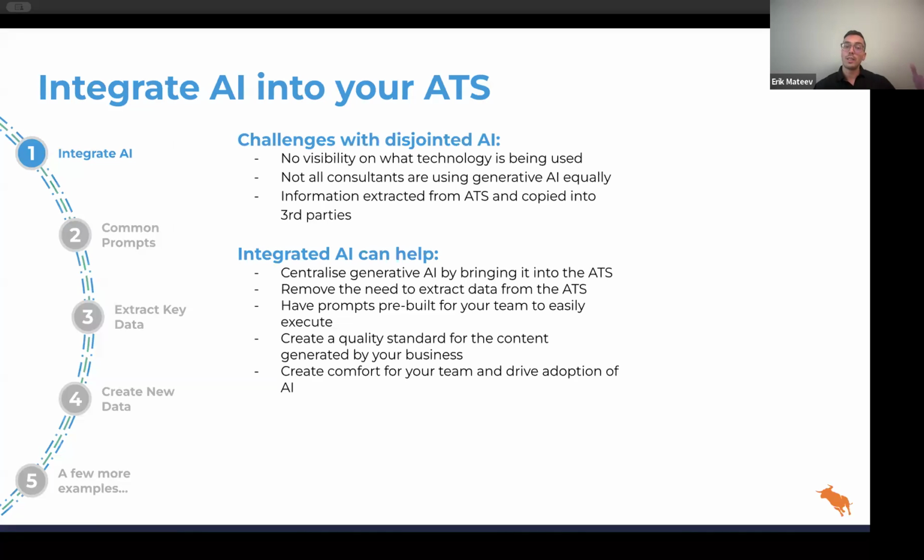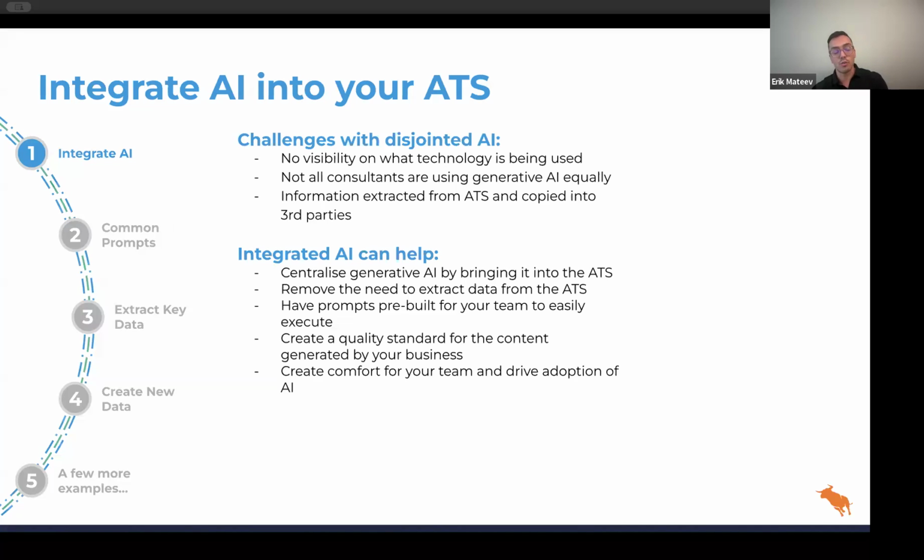So integrating AI into your ATS is a great first step. By centralizing it into your system, the first thing you're doing is you're enabling everyone to use the same LLM. It's also removing the need to extract any data from the ATS because they can easily choose what information they want to work with and include that directly into the prompt.